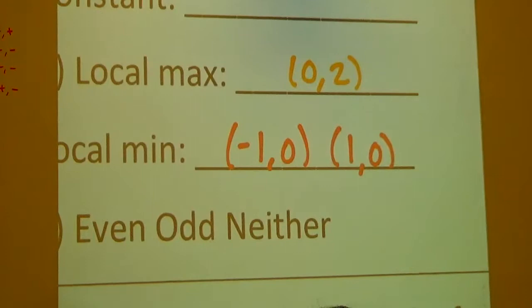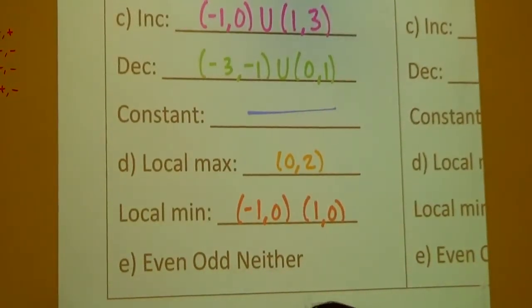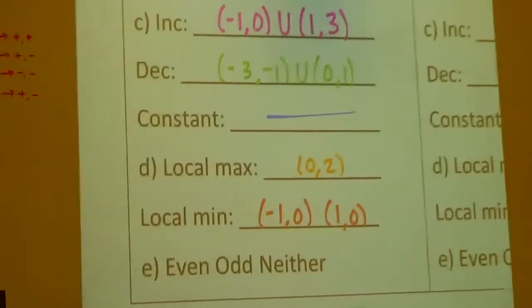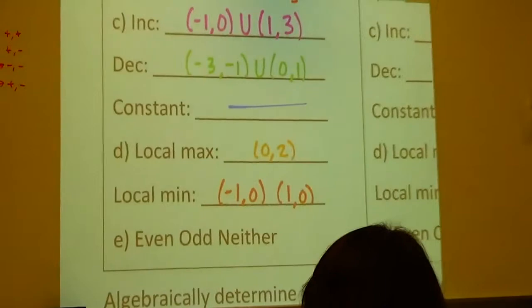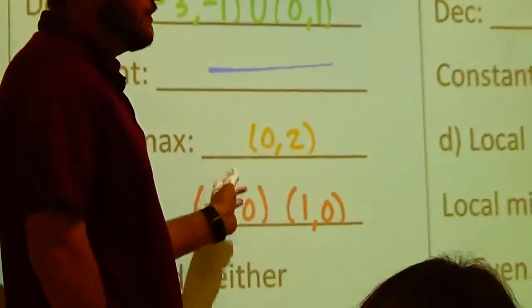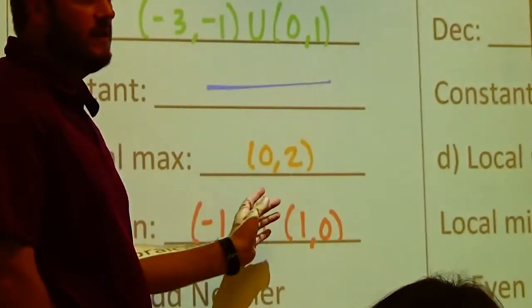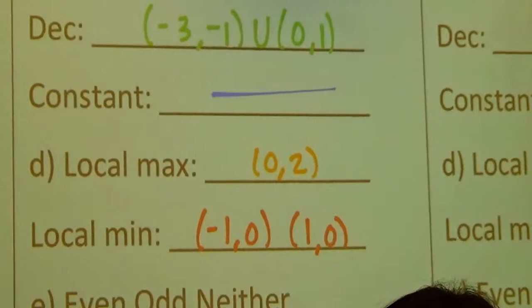Why don't we need the union symbol there? Oh, we're talking about an interval here? No, we're just talking about points. So you just list them like you would list anything else. It's not a set of numbers, it is a single point.